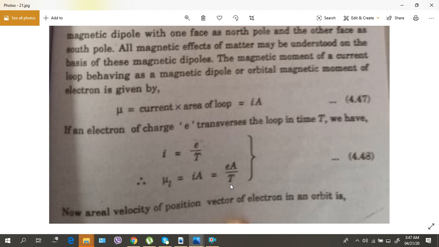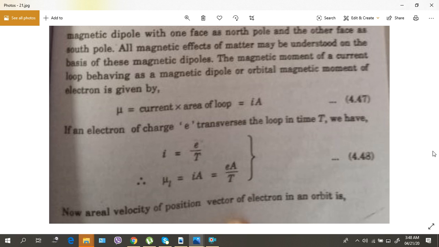here we discuss the electron, there we discuss the earth moving around the sun, here we discuss the electron moving around the nucleus.